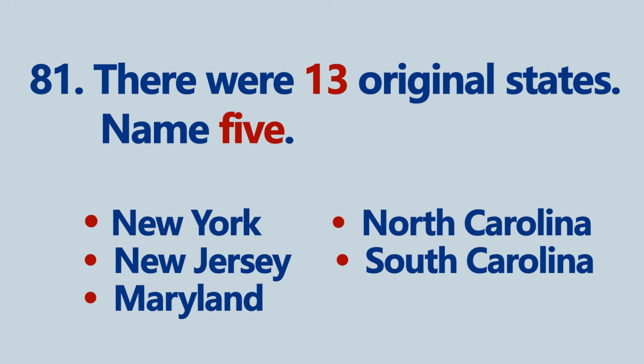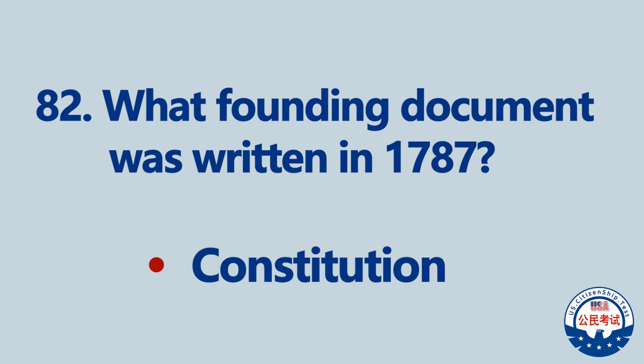New York, New Jersey, Maryland, North Carolina, South Carolina. What founding document was written in 1787? Constitution.